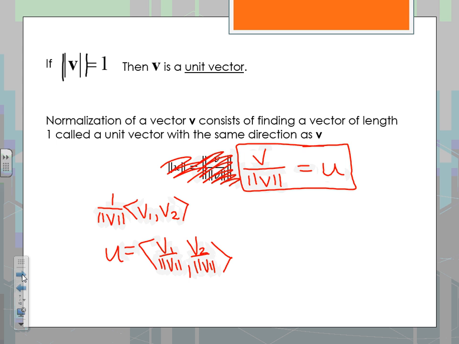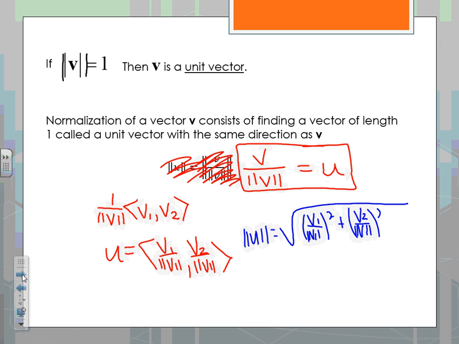Okay. So if we wanted the magnitude of that, then we take the square root of v1 over magnitude of v squared plus v2 over magnitude of v squared, right?